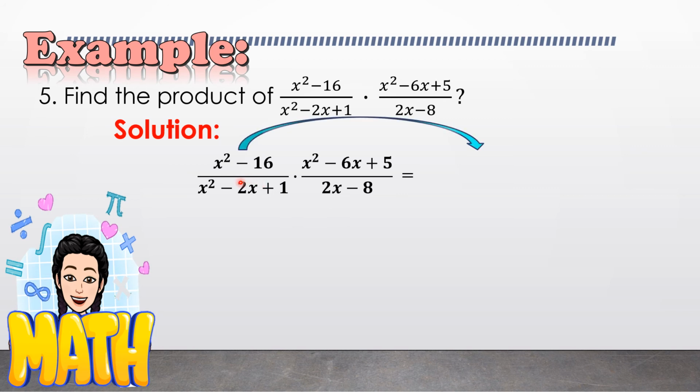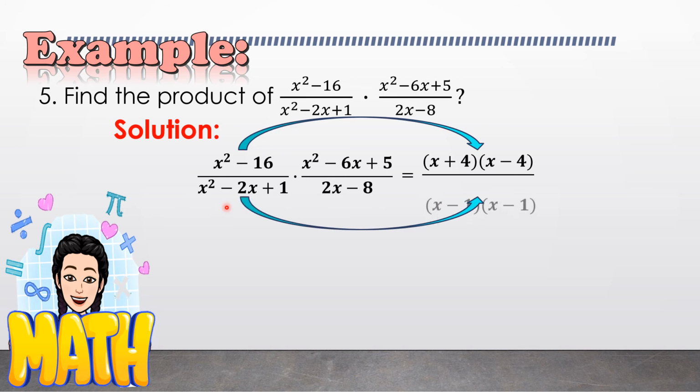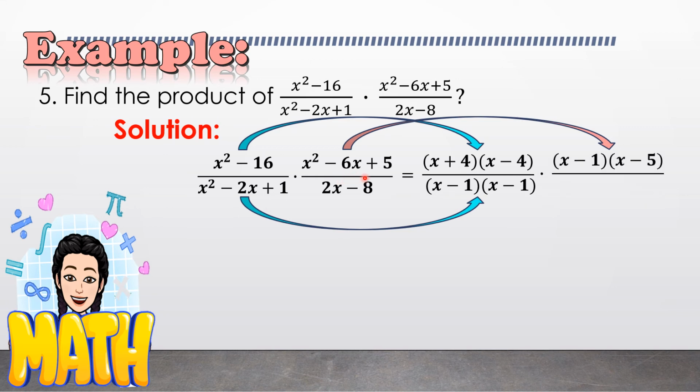So for x squared minus 16, we know that that is equal to x plus 4 times x minus 4. For the denominator, we have x minus 1 times x minus 1. Dito naman sa numerator natin na ito, we have x minus 1 times x minus 5. While for this denominator, we have 2 times x minus 4.